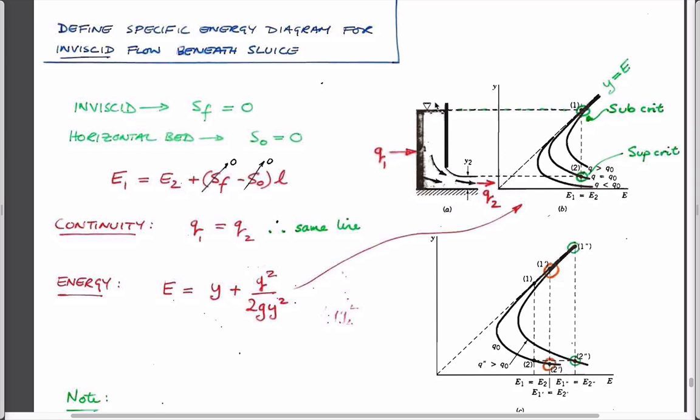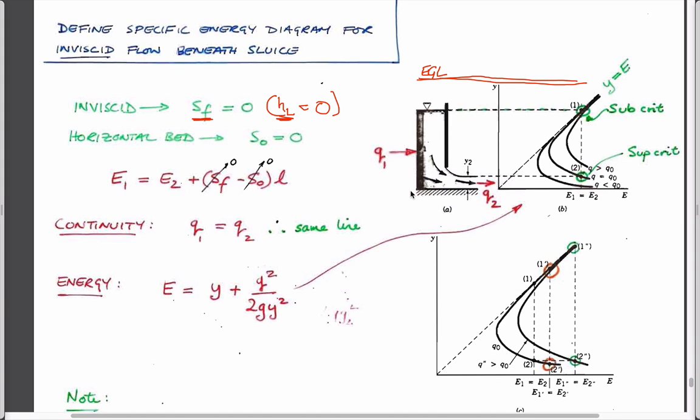So let's talk about this idea where we have a sluice with an underflow around the sluice. Let's make some assumptions that it's inviscid. Inviscid means that the energy grade line is constant. So whatever this energy grade line is, because there's no energy lost within a system by definition. In other words, the HL term is, since we're really just rewriting Bernoulli's equation, we're just saying that the head loss term is 0.